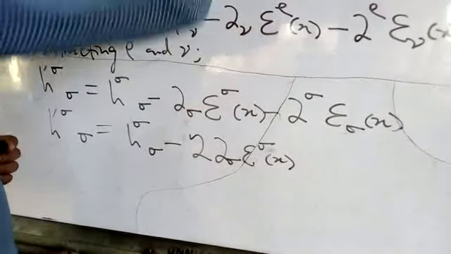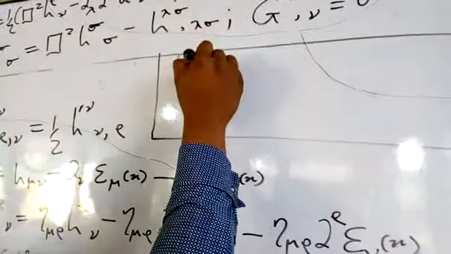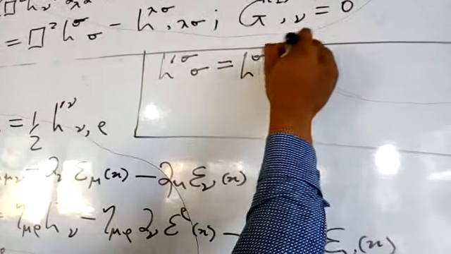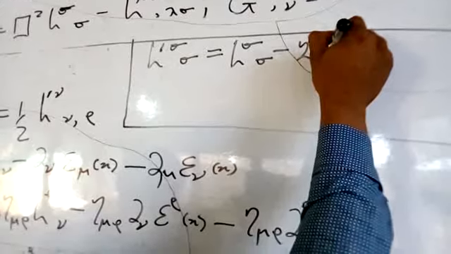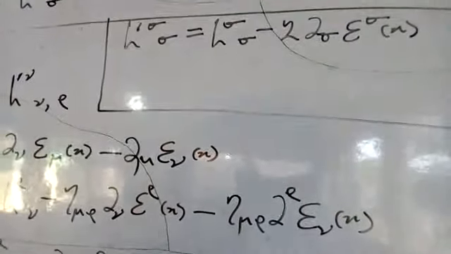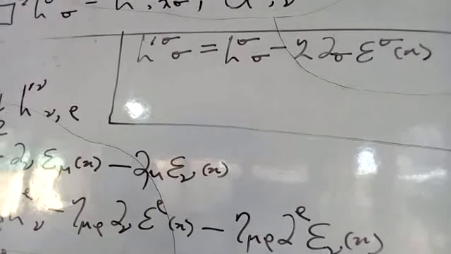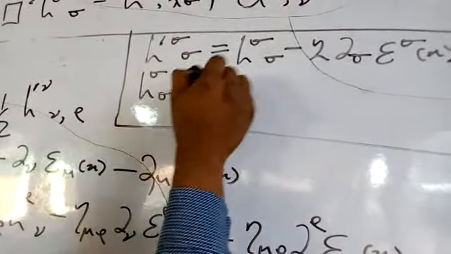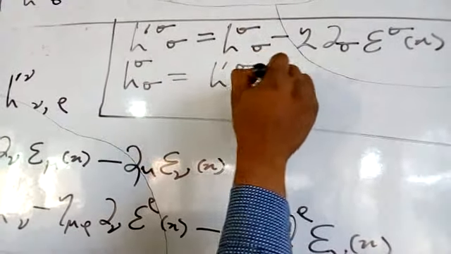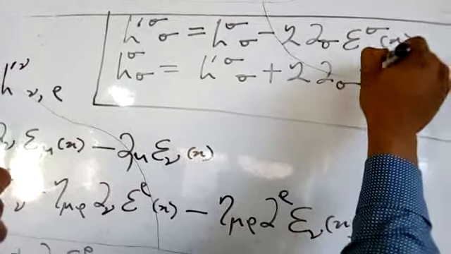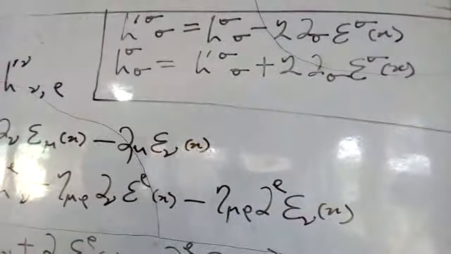So I can box that in somewhere here, saying that h prime of σ is here equal to h σ minus 2 here, the ∂σ ε_σ of x. Let's just have that on record.